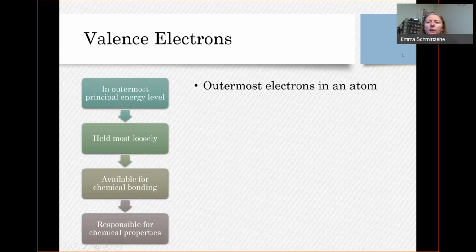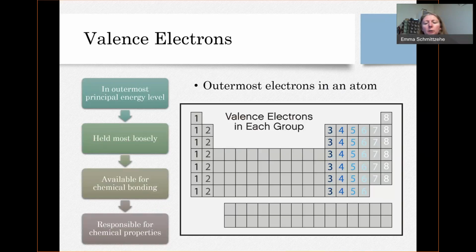Now, the last point I want to talk about is how you determine how many valence electrons a particular atom has. We're just going to look at the basics. For representative elements or main group elements, it's tied directly to the group in the periodic table.